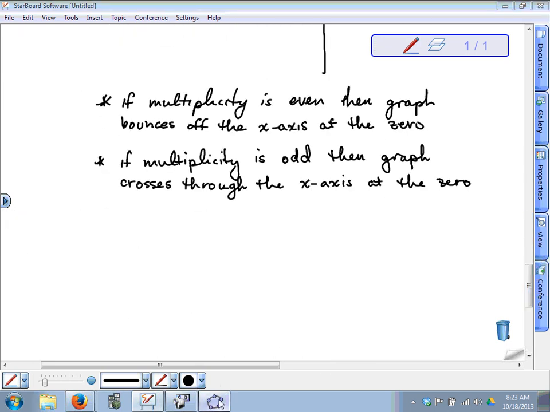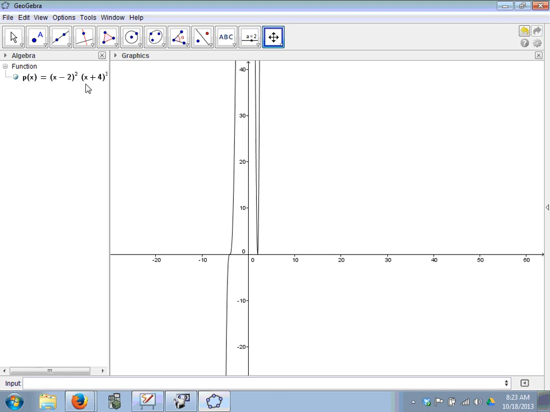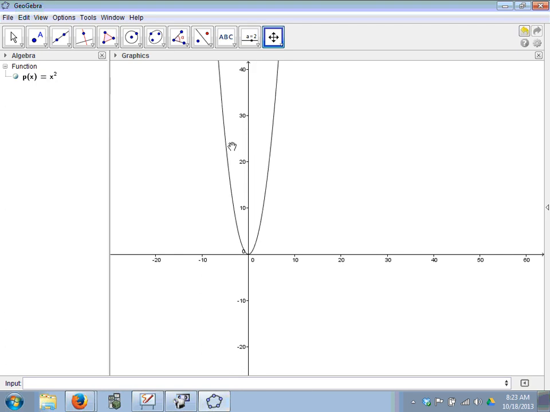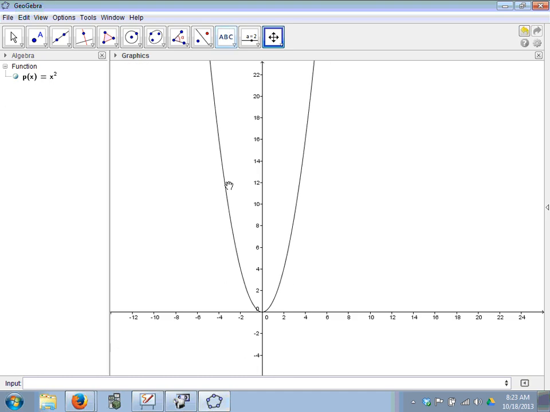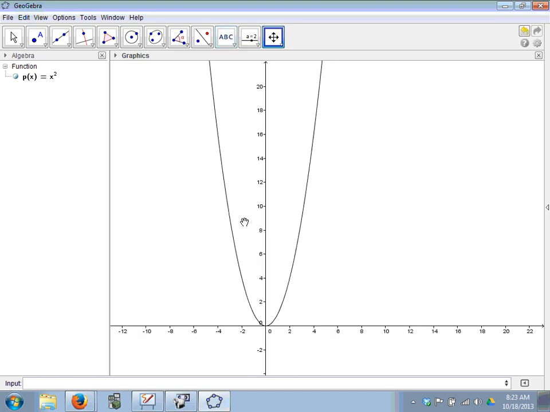Matter of fact, let's go back to GeoGebra. So, end behavior. If I typed in P of x equals x squared, you guys know what that's going to look like. Okay. It's a parabola. End behavior talks about where the graph is heading, both sides of the graph.